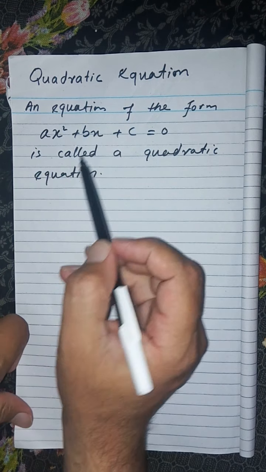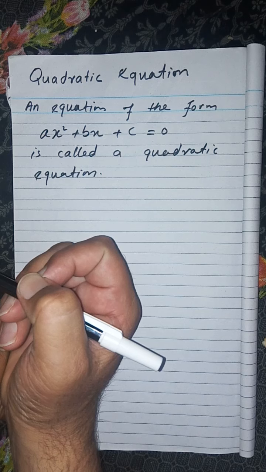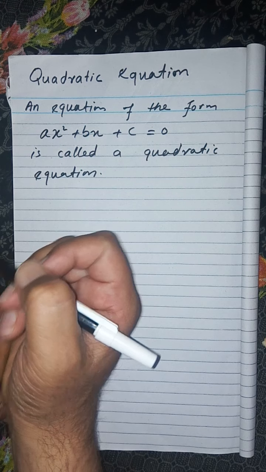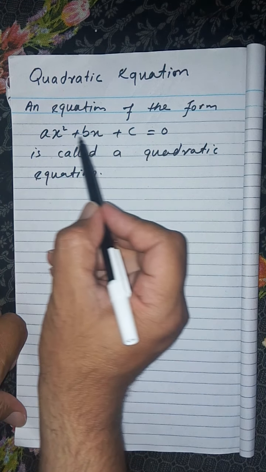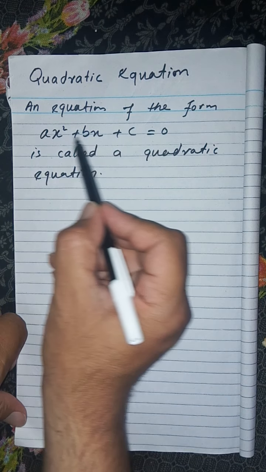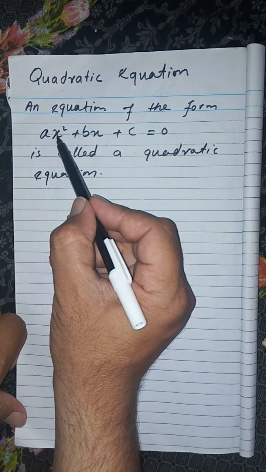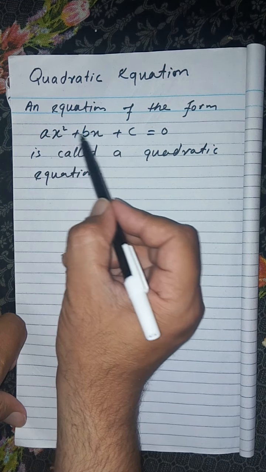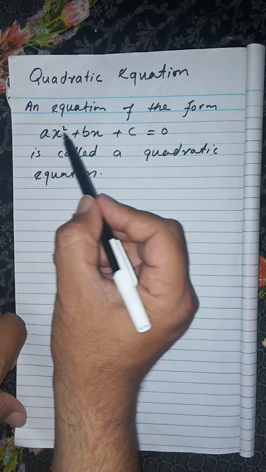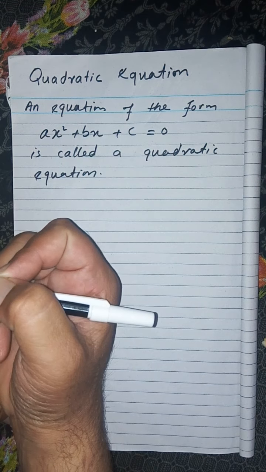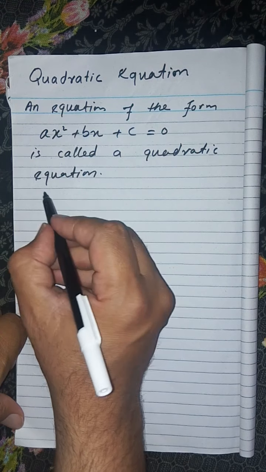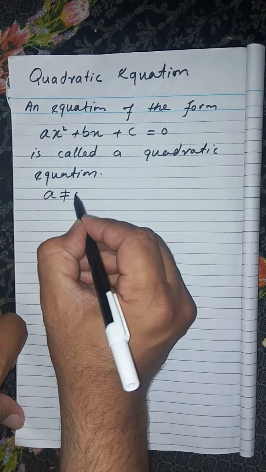The word quadratic is derived from a word quad, which means square. So look at this equation. Here the x is variable involved and a, b, c are real numbers such that a not equals to 0.